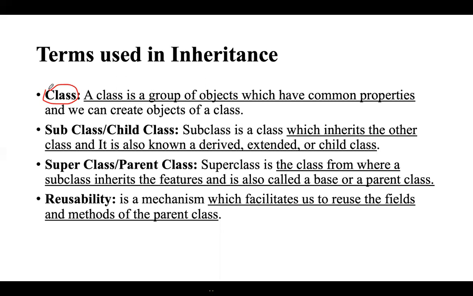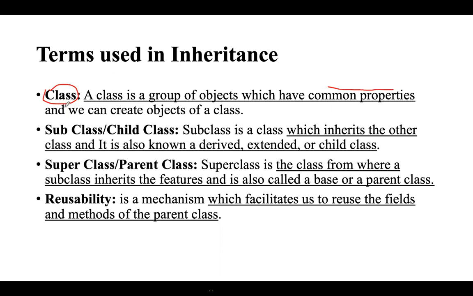It is simply a group of objects. If we have a class, we can create objects for that class, and those objects will have access to the common fields of the class and also to the common methods of the class.